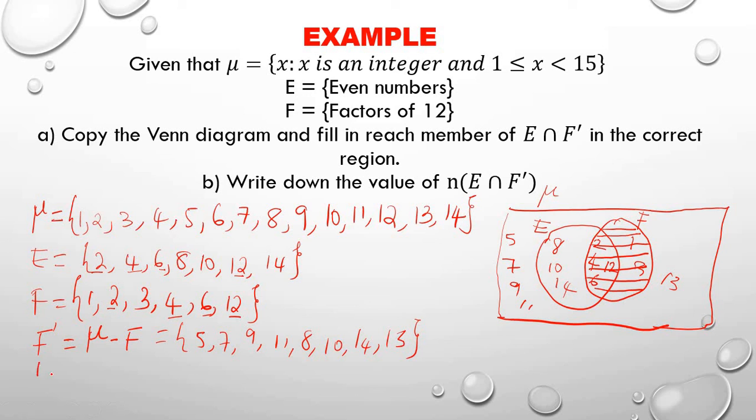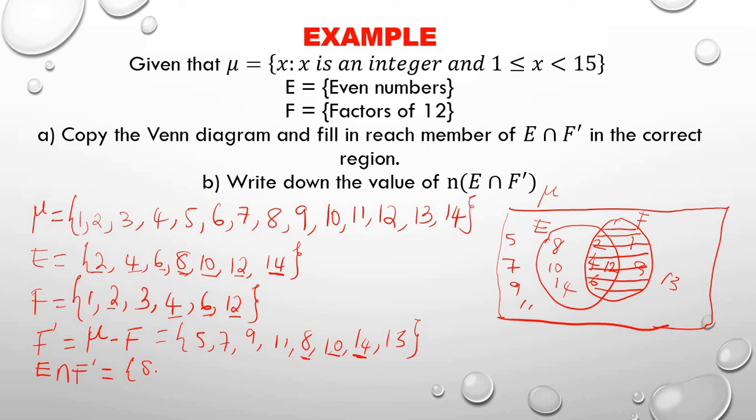Now I can tell what E intersection F prime is. What is in E that is also in F prime? 8, 10, 14.